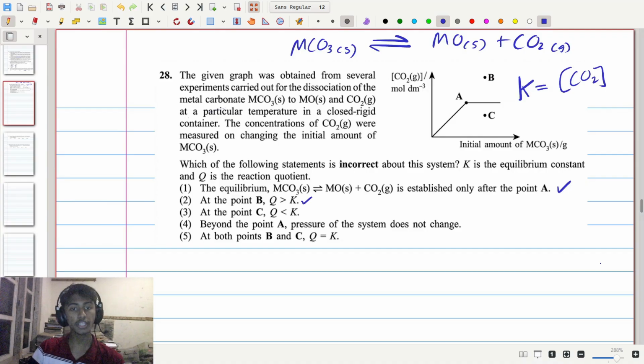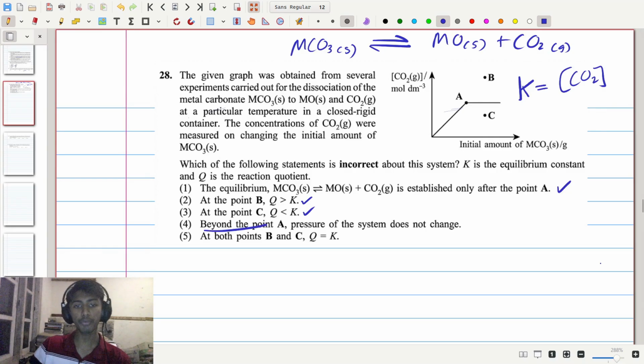Now similarly for statement 3, it says at the point C, Q is less than K. And at this point, Q, which is the concentration of CO2 at that point, which is going to be CO2 dash, is some value that is less than the CO2 concentration of K. And therefore, we can say that Q is less than K at the point C. So that is also a correct statement.